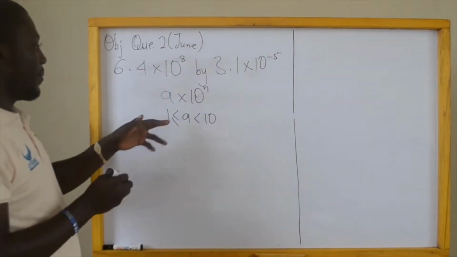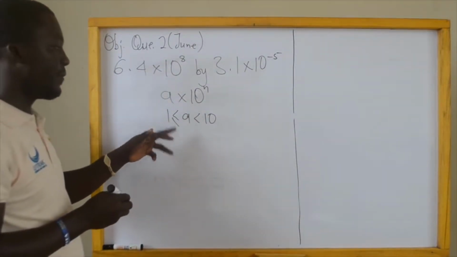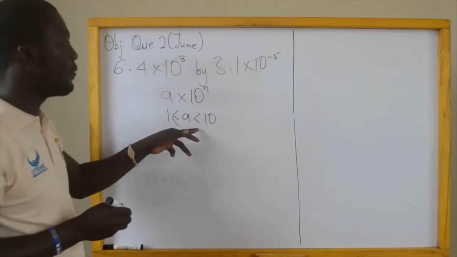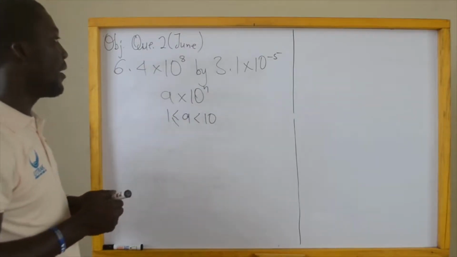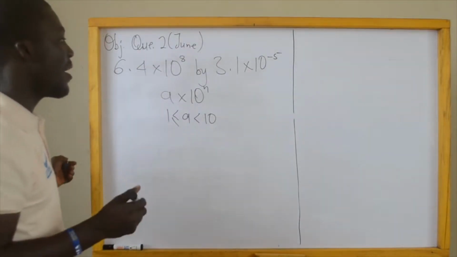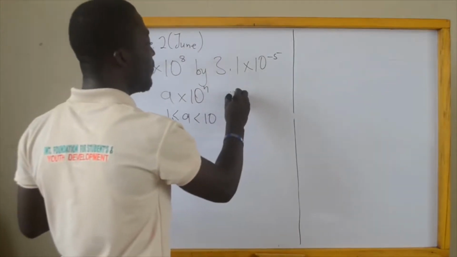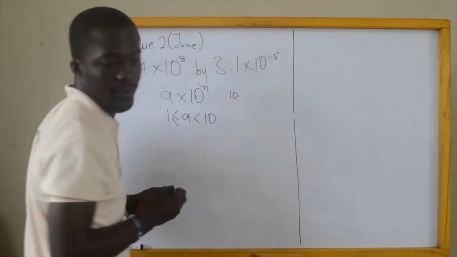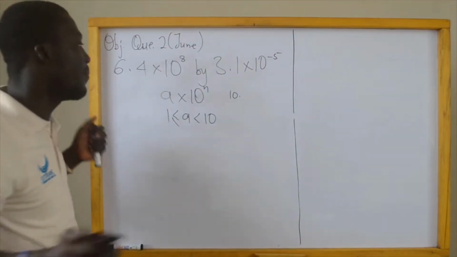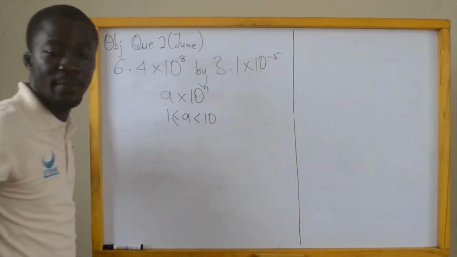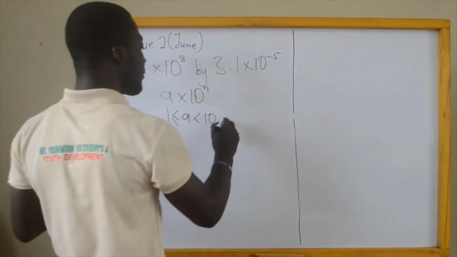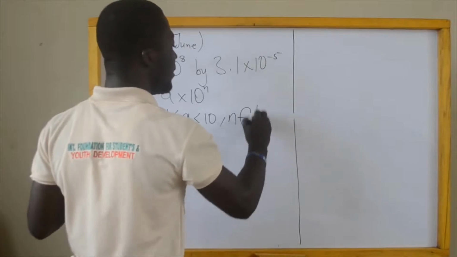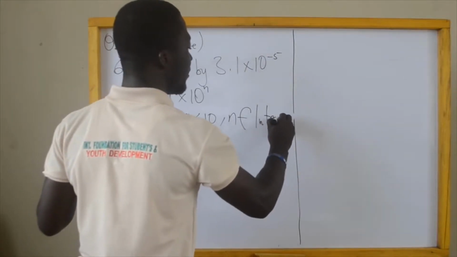So 1 inclusive, and the value of a should be less than 10. It shouldn't be something like 10 point something. No, that one wouldn't be a standard form. We are just to get only one number before the decimal point, and the values of n will be integers.